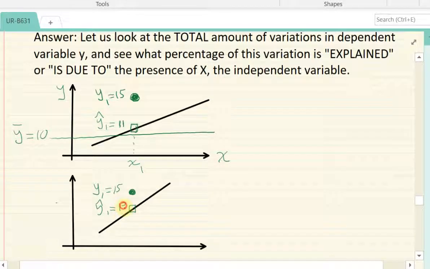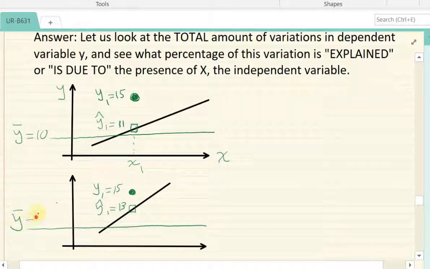So I'm going to go with 13 on this, and I still have that same y bar equal to 10. Now, if you look at the regression line at the bottom, just for this one observation, this is a better line of fit than this one, because my predicted value here is farther away from 15 than this one is. This is closer, so this is a better line of fit.